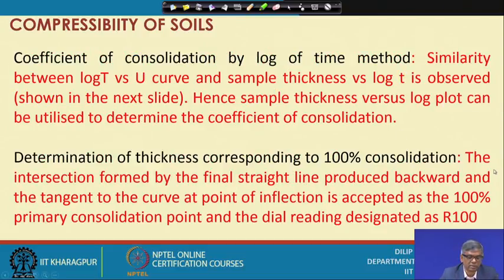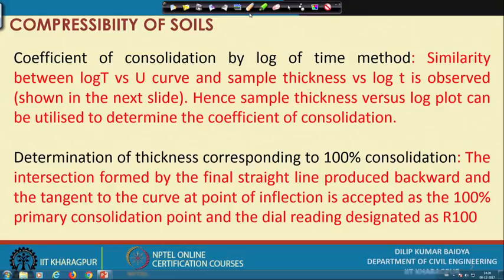You can see the coefficient of consolidation by the log time method. The similarity between the log t versus u curve and the sample thickness versus log t plot is observed, and we have shown that already. Hence, the sample thickness versus log t plot can be utilized to determine the coefficient of consolidation.